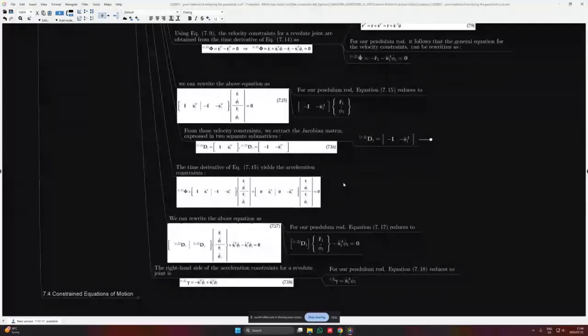Now the time derivative of equation 7.15 yields the acceleration constraints. So we simply go one step further, and this is the system that we end up with. Once again, you can see just from going from the velocity to the acceleration, even for this simple pendulum rod example, the equations and the vectors that we use become quite complex.